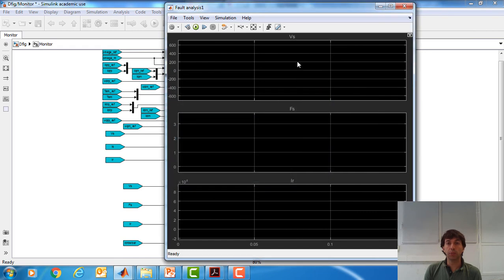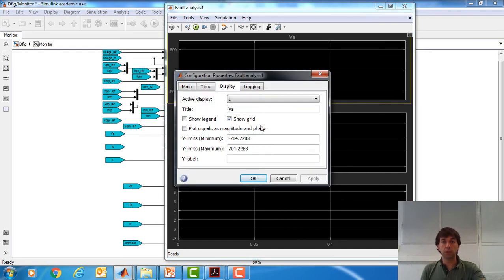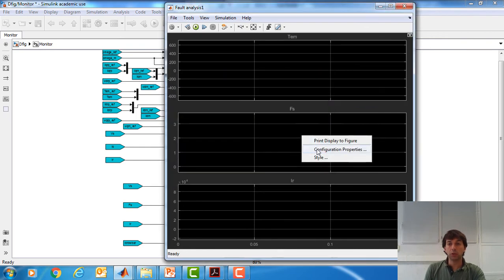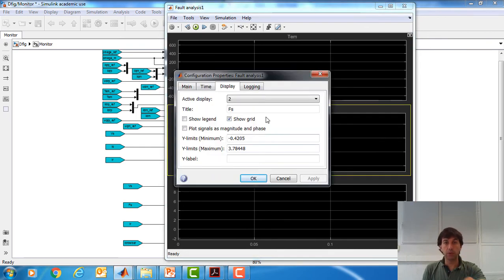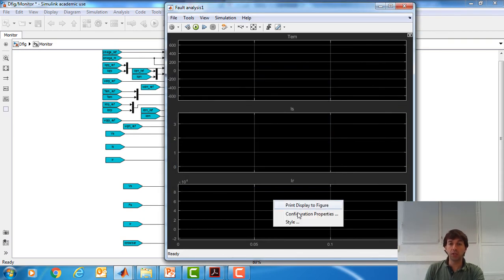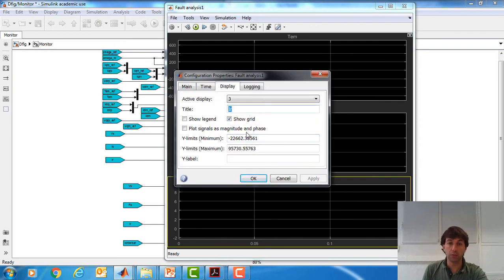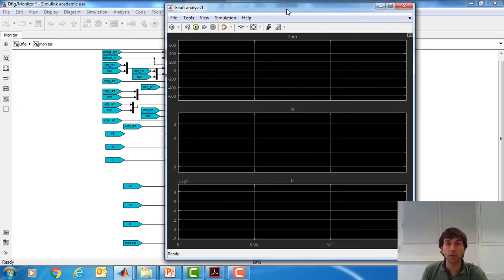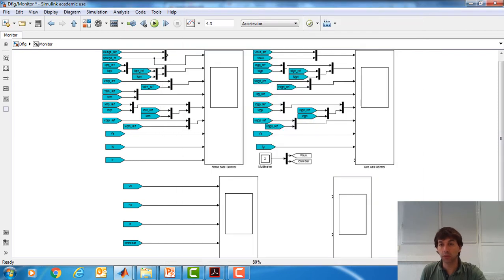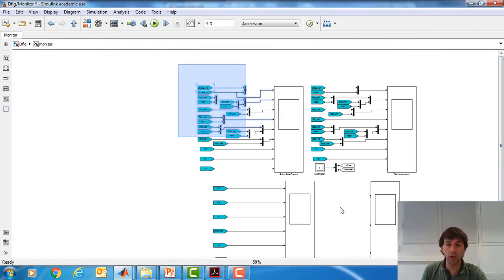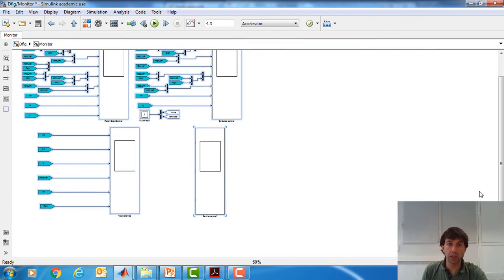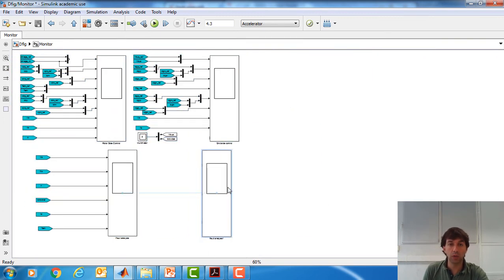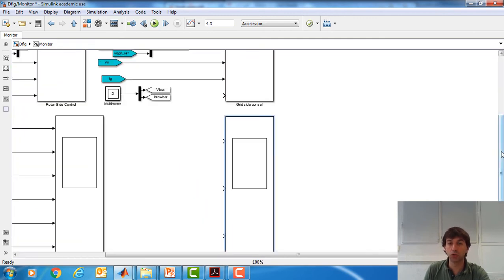Okay, let's compare the torques. Let's call it in this way, torques. Let's compare stator currents, and let's compare as well rotor currents, IR. If all those variables are equivalent, the model will be the same. If everything goes well, we will see how it is true.